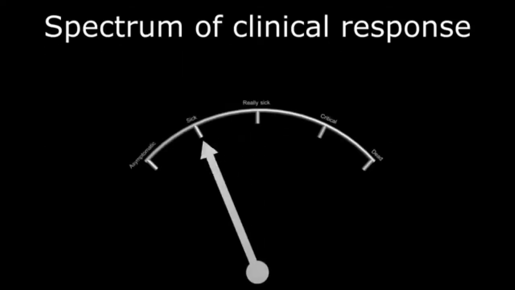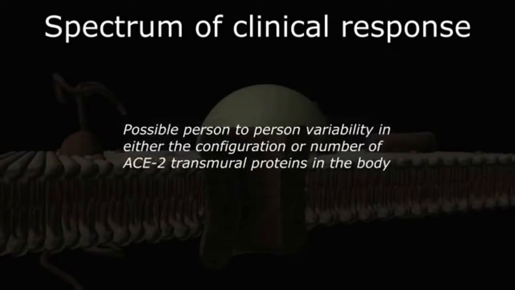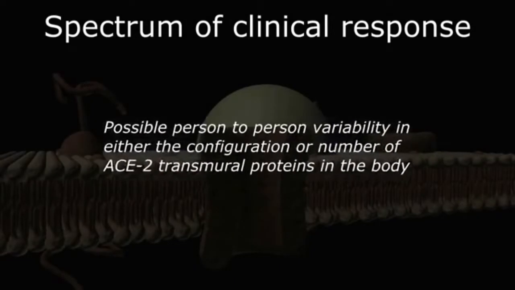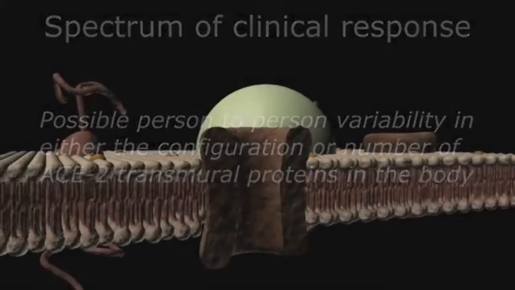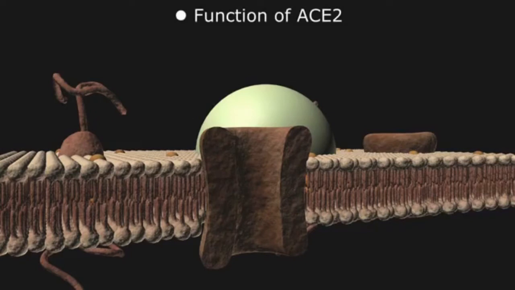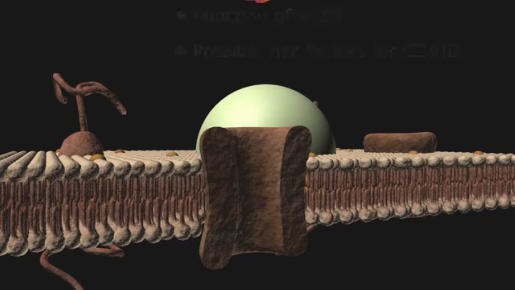However, the clinical response spectrum to SARS-CoV-2 is quite broad, ranging from completely asymptomatic to death, suggesting variability in either the configuration or number of ACE2 targets from individual to individual. Over the next few minutes, we're going to look at the actual function of the ACE2 metalloprotein in our bodies and explore some of the clinical situations that may make the protein a more suitable target for COVID.